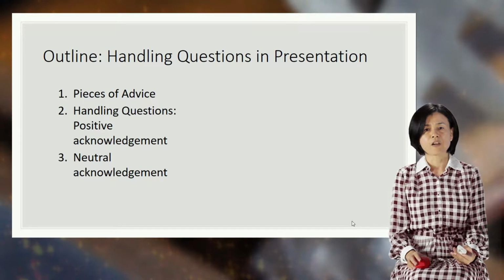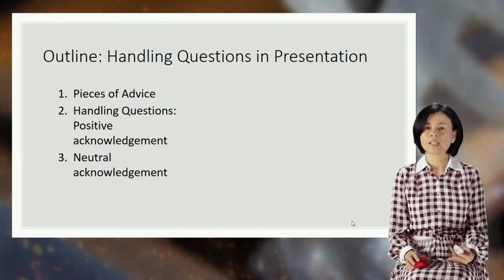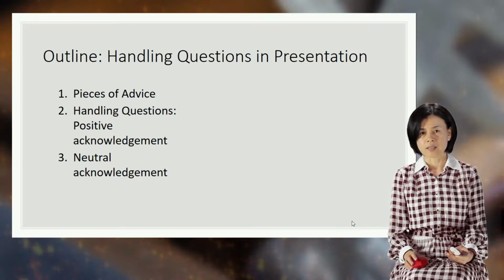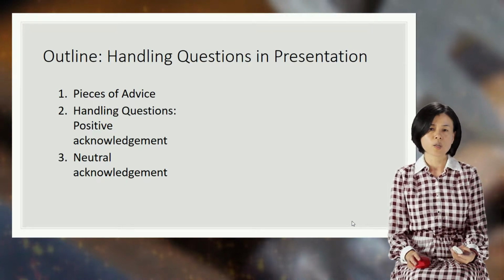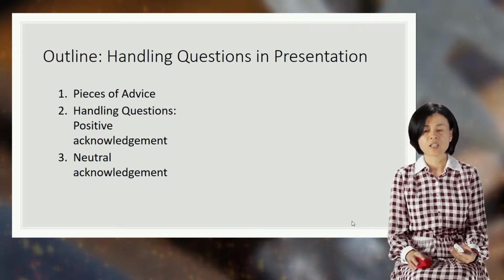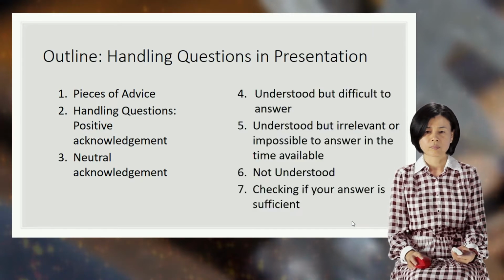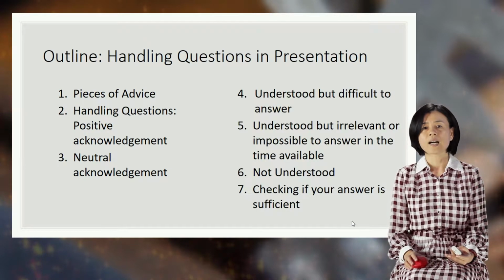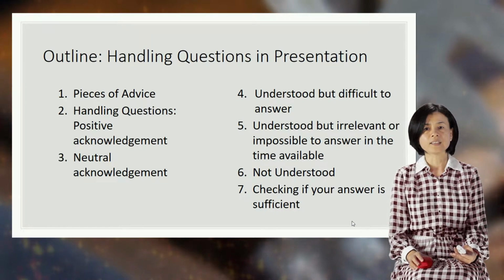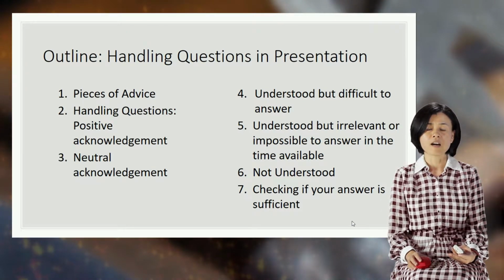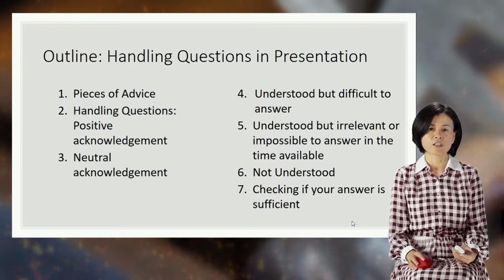In the first half of this part, shown on the left column of this slide, we are going to know 1. Pieces of advice. 2. Handling questions. Positive acknowledgement. 3. Neutral acknowledgement. These are the topics for this video too. Next, the items on the right column are the materials that we will learn in the next video.